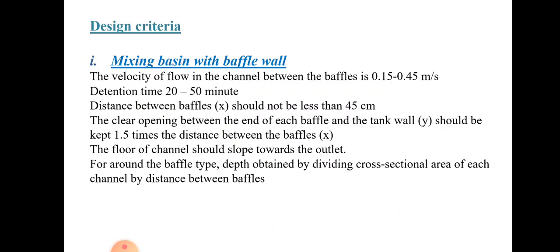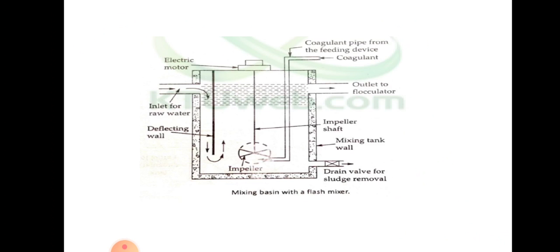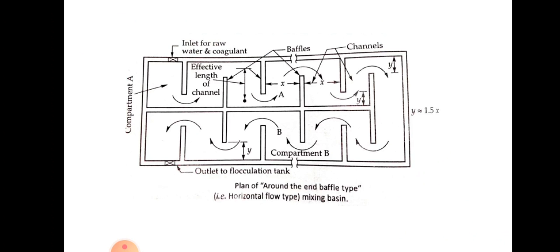Now coming to the various design criteria of a mixing basin with a baffle wall. Like I showed you earlier in the figure, this is a typical mixing basin with a baffle wall, a round the end type of baffle wall.